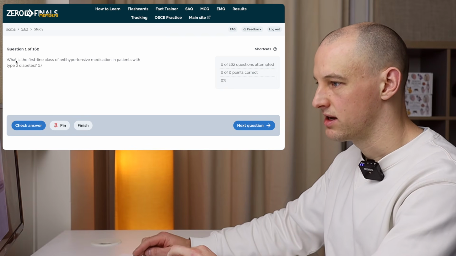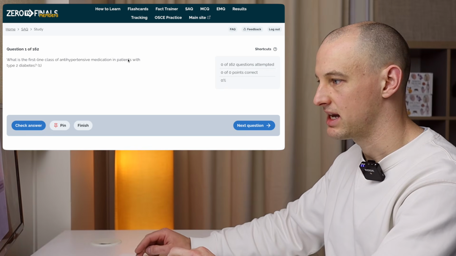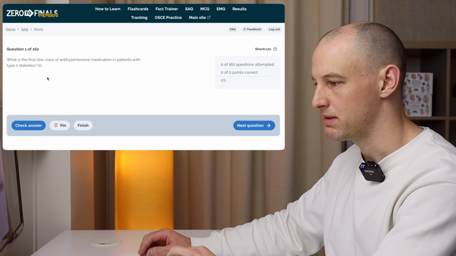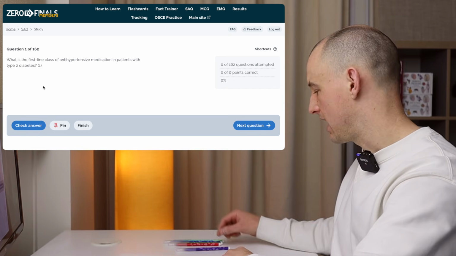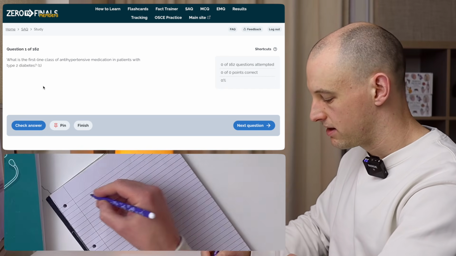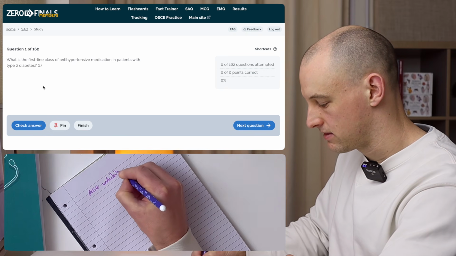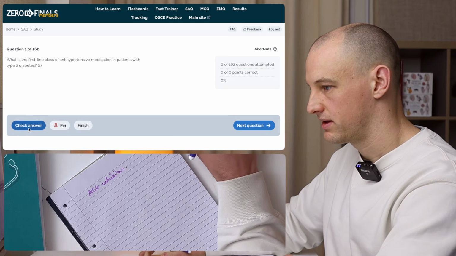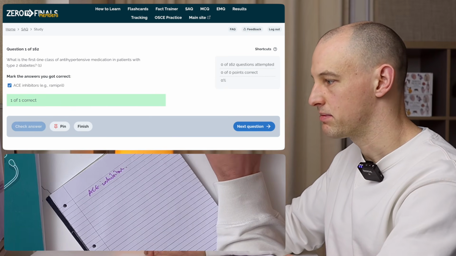So question 1, what is the first line class of antihypertensive medications in patients with type 2 diabetes? So I think the answer is, and you can commit this to paper, ACE inhibitors. Super. Let's check the answer. Yes, so I got that one correct. I'm going to tick that box.